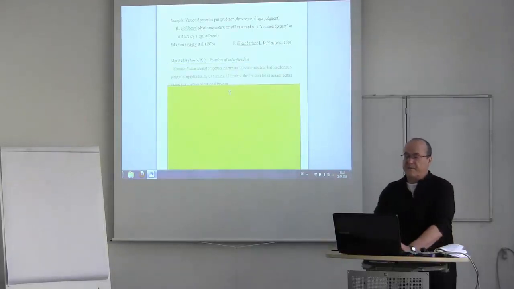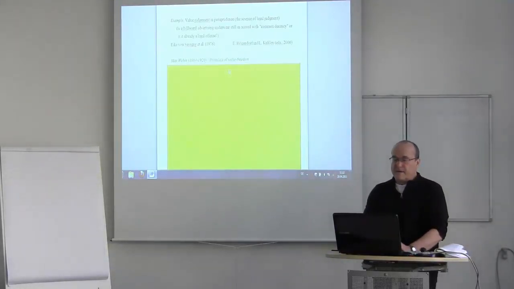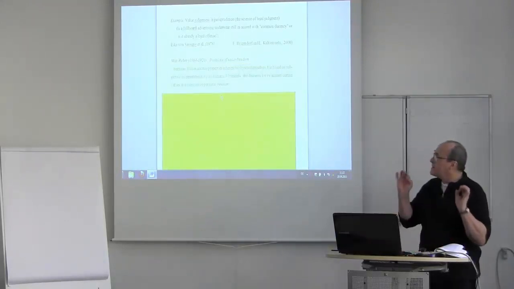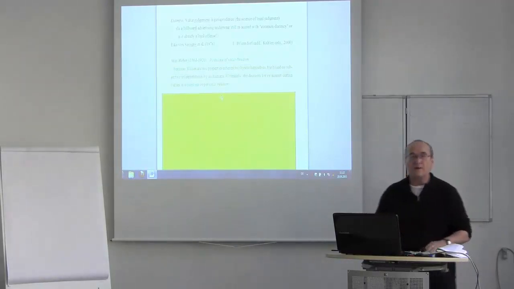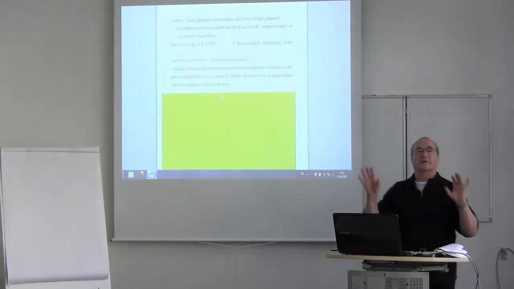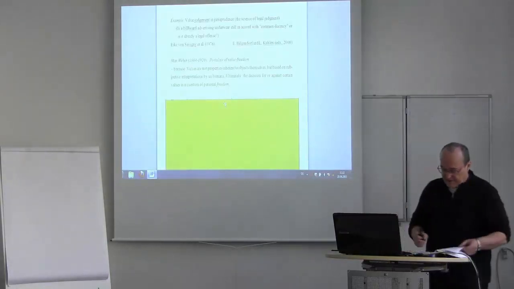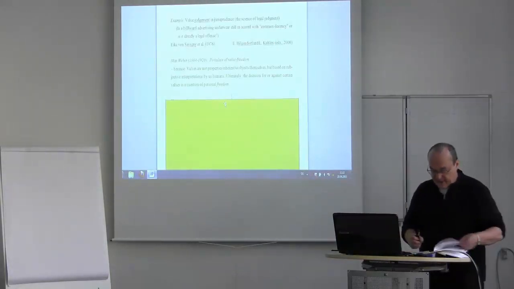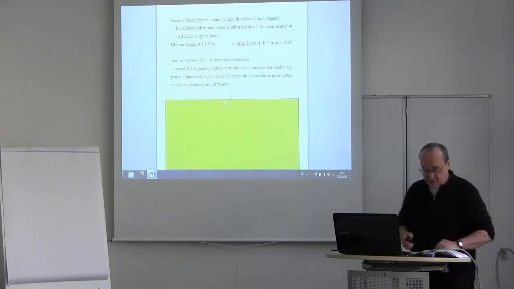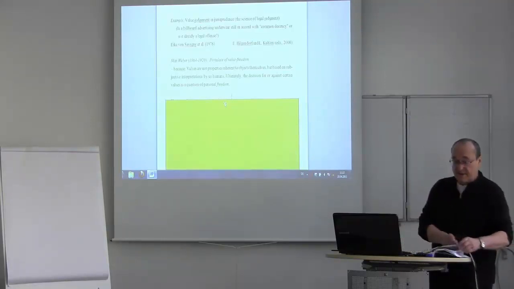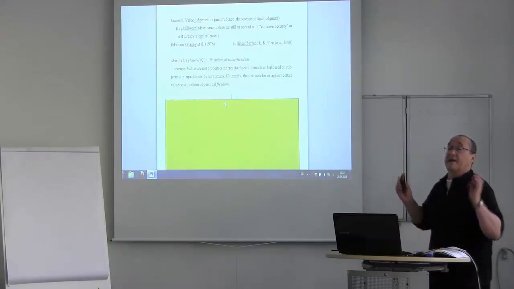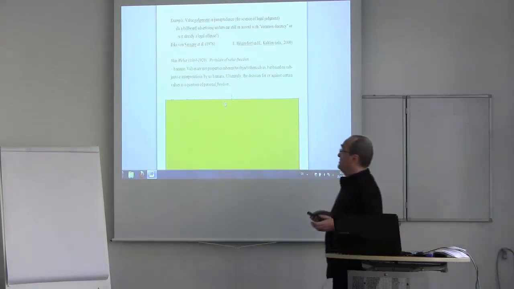Of course, let's go on and now come to Max Weber, and so to speak the core of the topic, the question of value neutrality in science. So this brings me to Max Weber. Max Weber was the founder of the social sciences, and maybe the founder of sociology.